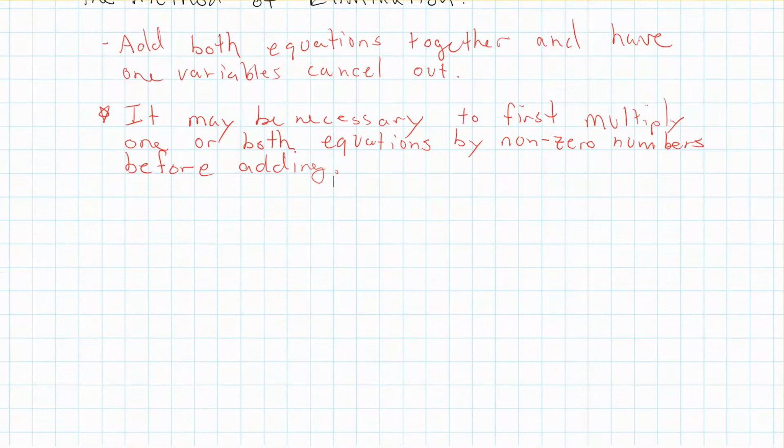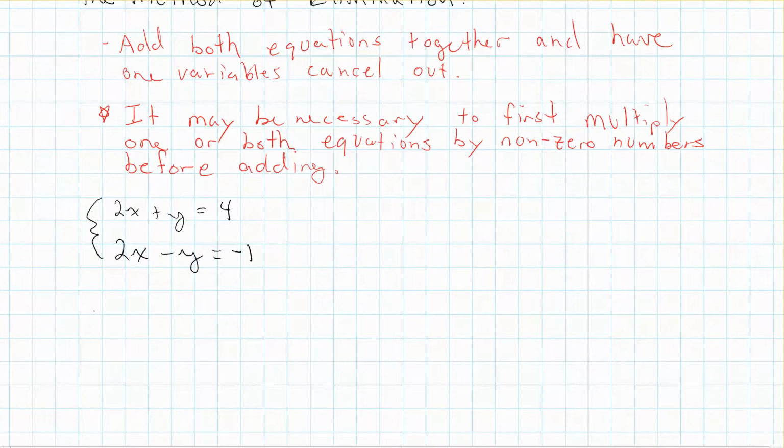Alright, well, let's just look at a real simple example to start with here. The system of equations is 2x plus y equals 4, then 2x minus y equals negative 1.